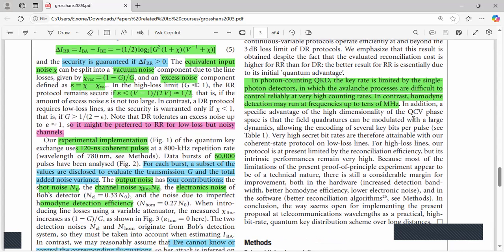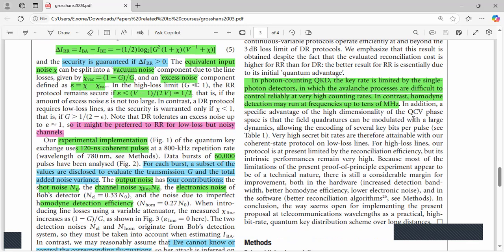They have said that we can make use of these high key rates by using the Gaussian modulated coherent states, and this can be implemented based on present day technology. So that's why we have so many advantages of the Gaussian modulated coherent state based protocol over the photon counting based protocols.